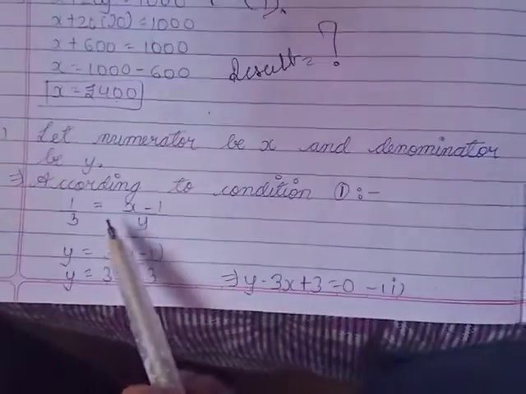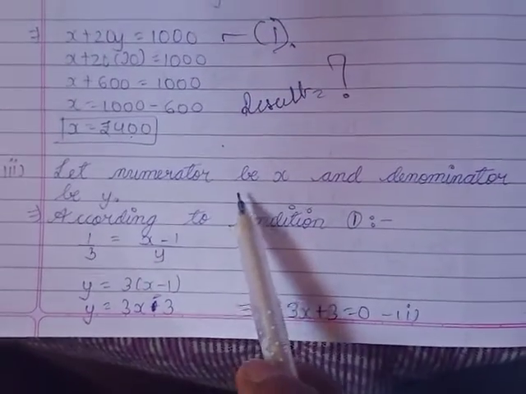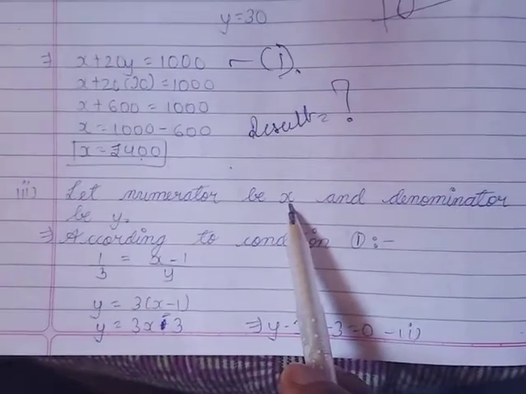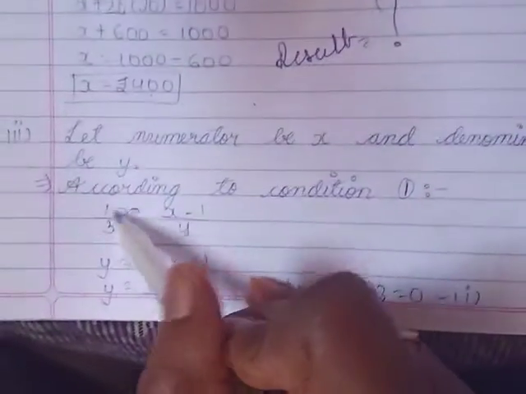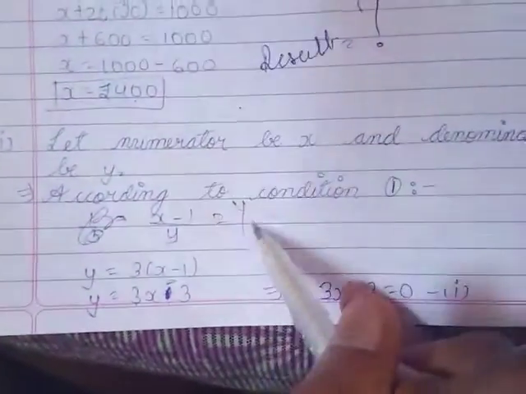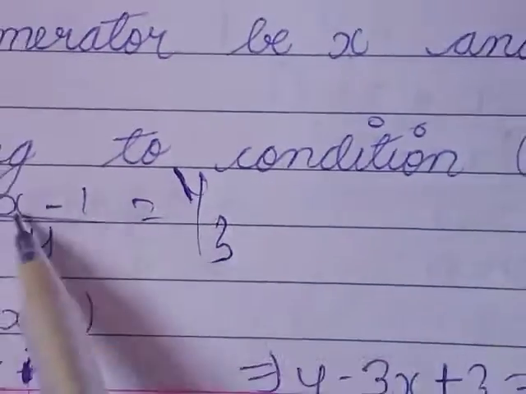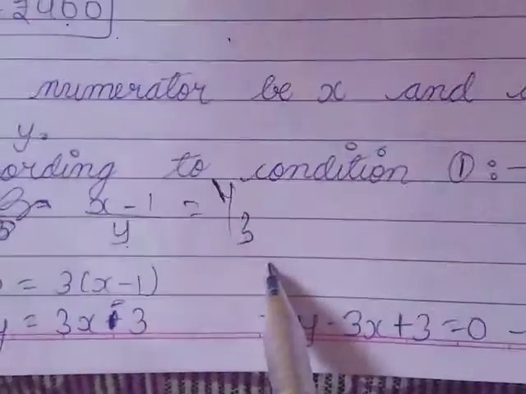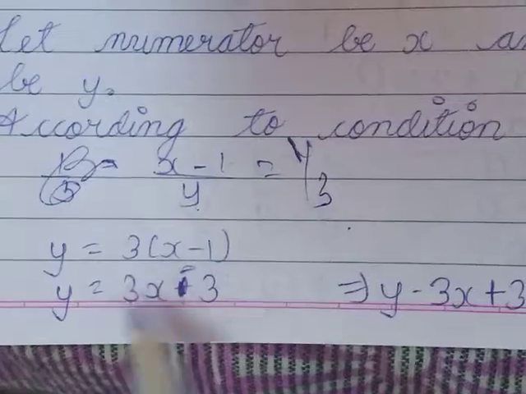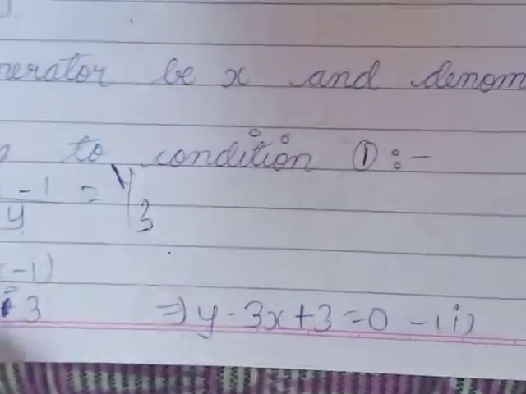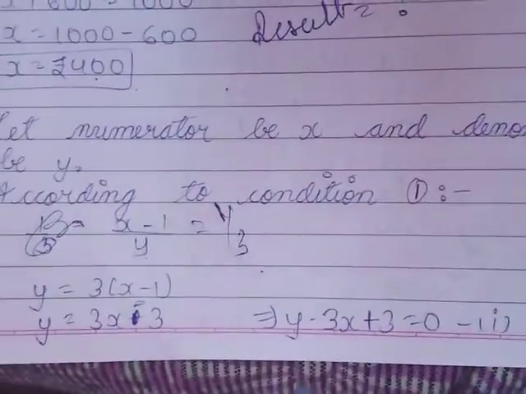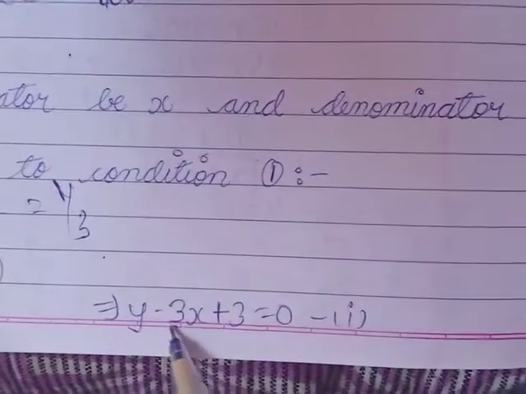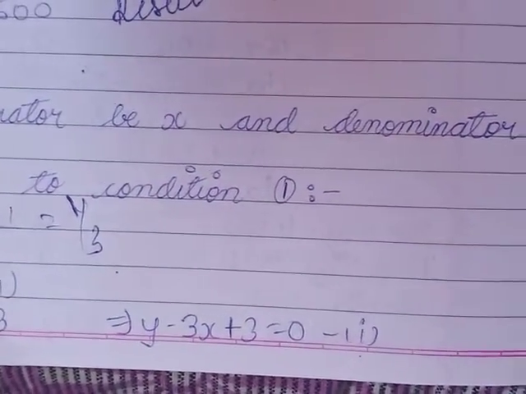So it becomes 1 by 3 when you subtract 1 from the numerator: x minus 1 upon y is equal to 1 by 3. Cross multiply it, so you will get y is equal to 3x minus 3, or y minus 3x plus 3 is equal to 0.